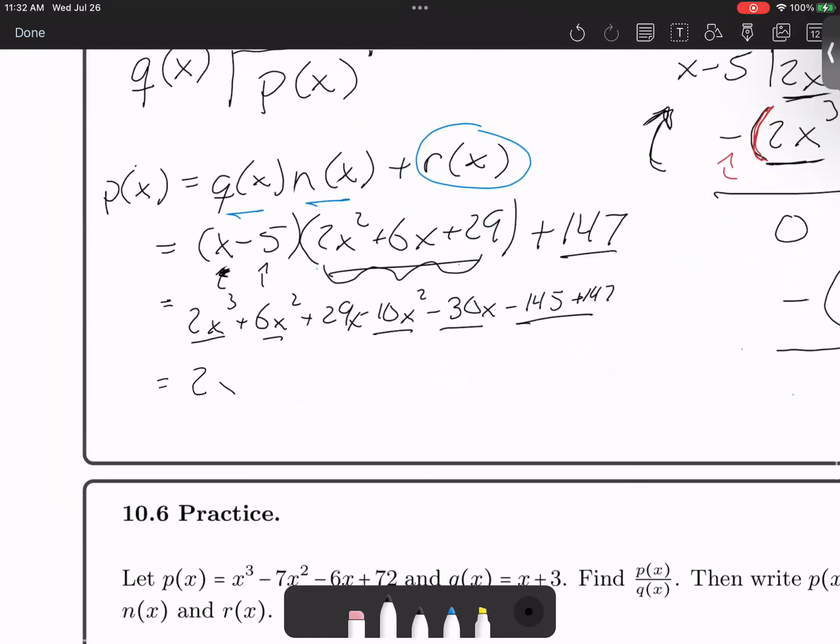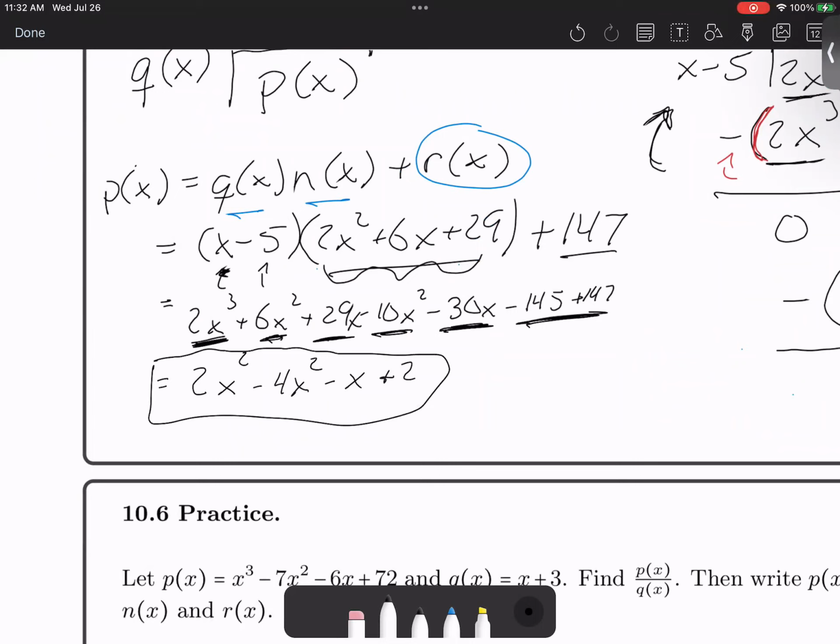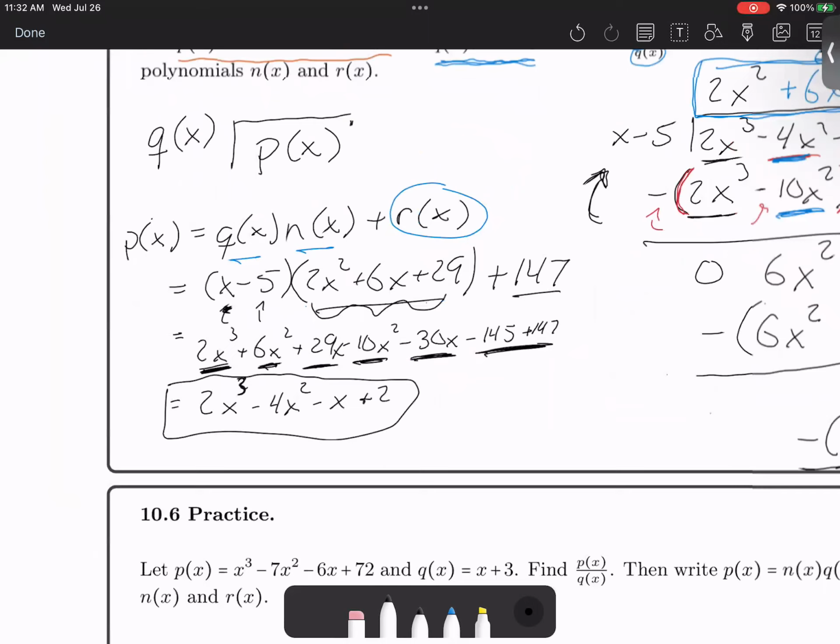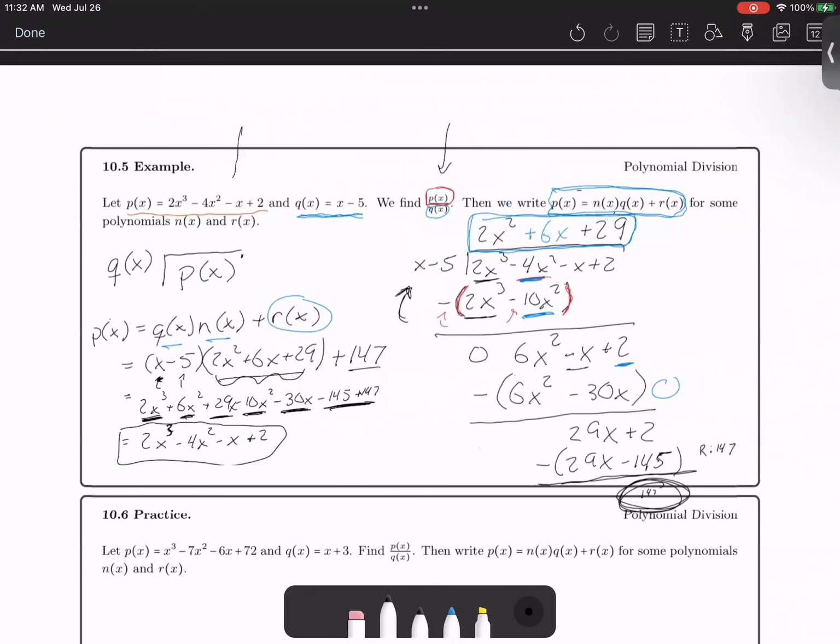So when we simplify 2x cubed right there, I've got 6 and minus 10, so minus 4x squared. I've got plus 29x's, minus 30 of them, so minus an x, and then plus a 2 from my constants. Now this should be p of x. That should be 2x cubed minus 4x squared minus x plus 2. Yep, that's exactly right.